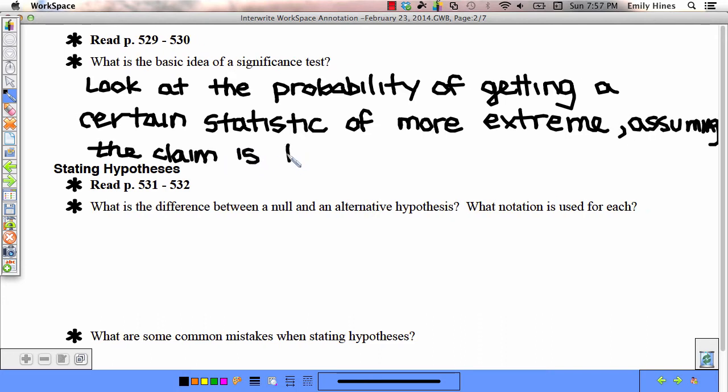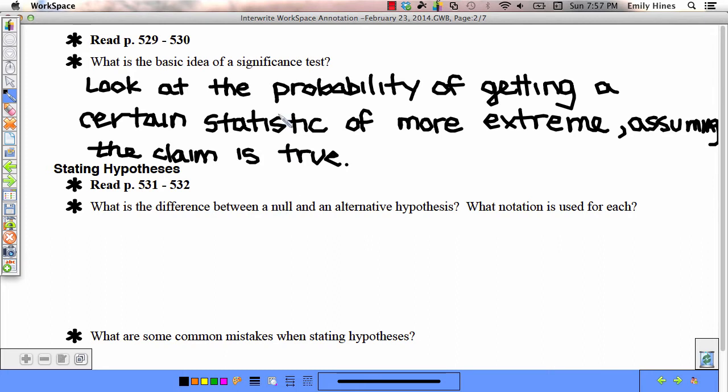If my probability is high, then I can assume the claim is true. However, if my probability is really low of getting that value if that claim is true, then the claim's probably not true.